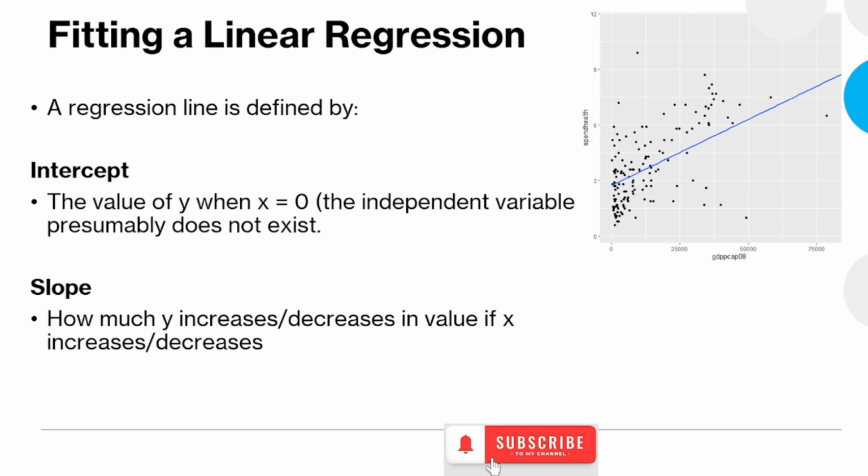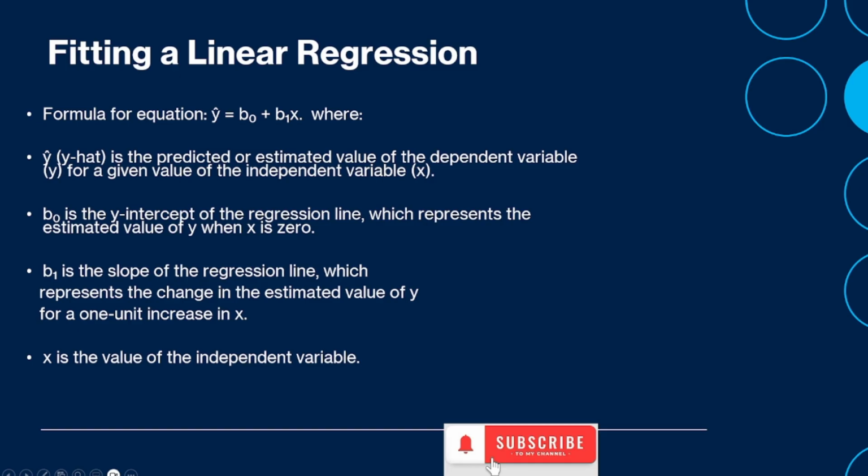And this regression line we fitted is characterized by these two things. The formula for this equation is y hat equals b0 plus b1x, where y hat is the value that we are trying to predict, which is our outcome variable, or our dependent variable, for a given value of our independent variable or our explanatory variable.